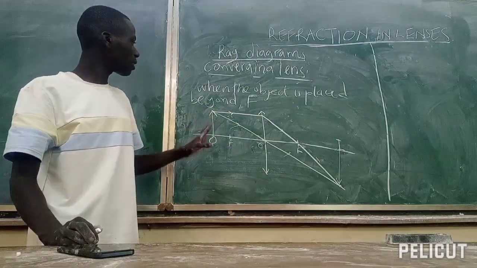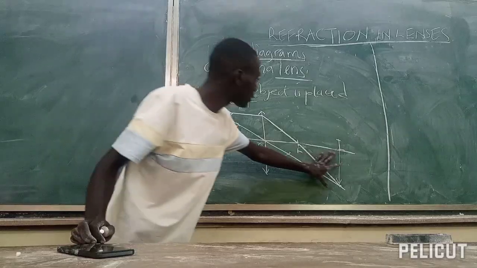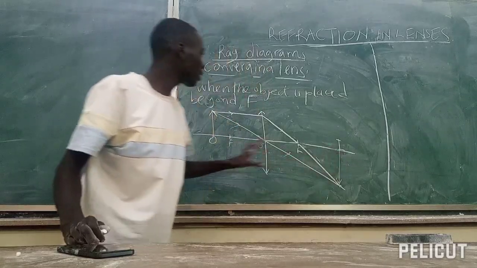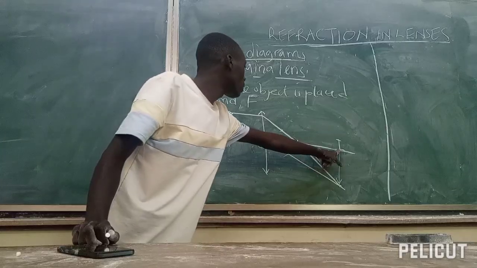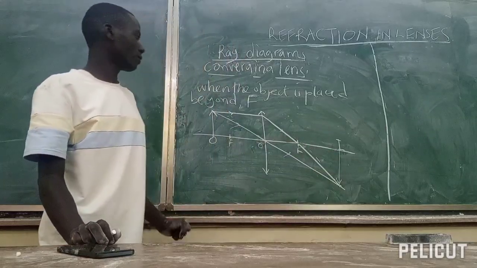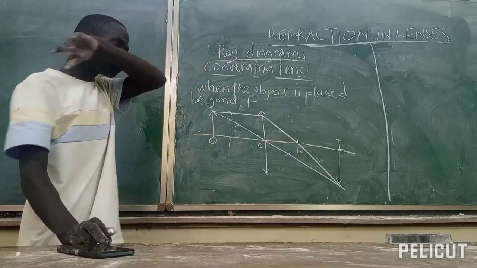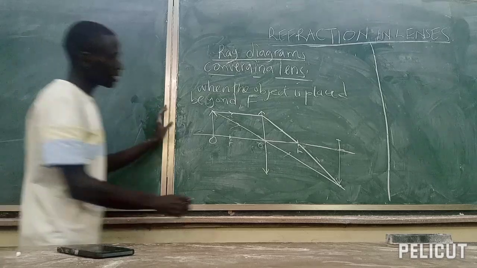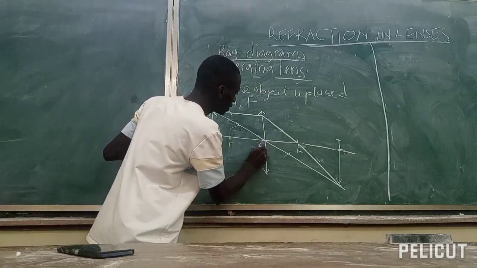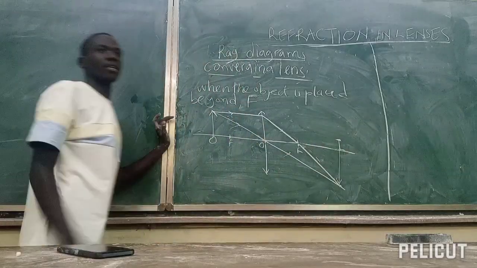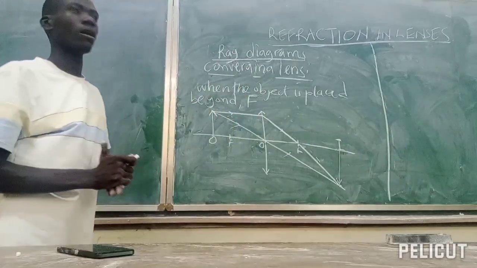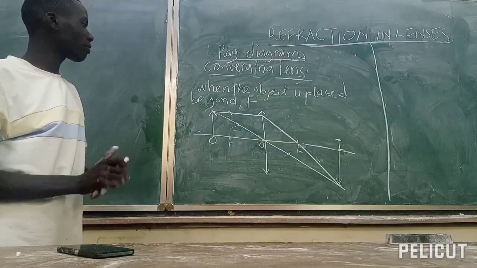Then you can say the nature of the image formed: is it a real image or a virtual image, or erect? You can also measure the distance from O, the optical center, to the image point. You can easily measure that distance when you're using a graph and a ruler, so you can easily describe the nature of the image.